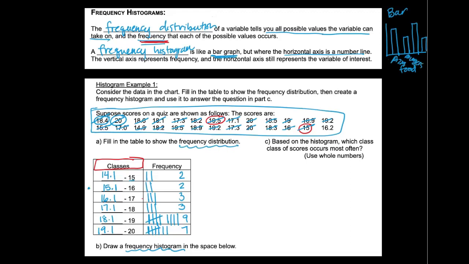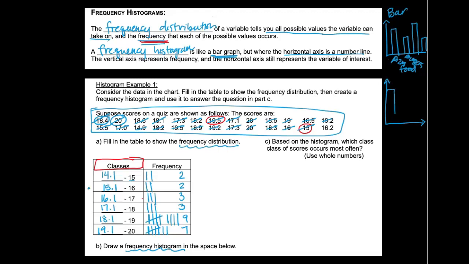Bar graphs can be vertical, they can be horizontal. Usually in bar graphs, the bars don't touch because they represent certain categories, and those categories are not numerical. They're not categories that take on numbers. With a histogram, it's a little bit different. The bottom, the x-axis, is a number line, and the x-axis represents ranges or classes.